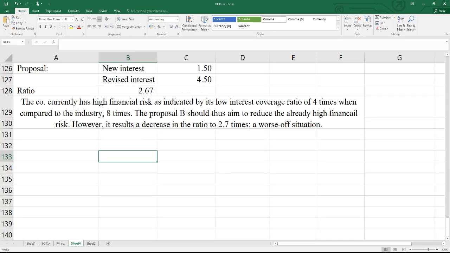How much loan are you taking in proposal B? 15 million. Therefore, how much new interest do you pay in proposal B? 1.5 million, plus the old interest you used to pay, isn't it? Yes, which therefore gives 4.5 million. Clear? Yes, thank you. Okay, great.